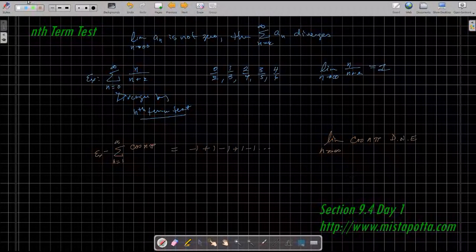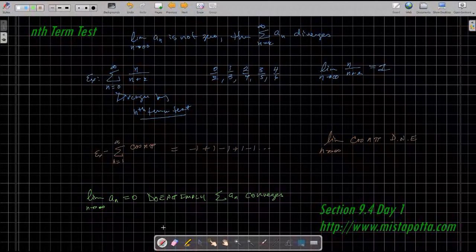Now, the real key thing here is that the converse is not true. Just because the limit as n approaches infinity of the terms of my sequence goes to 0, this does not imply that the sum of my terms converges.